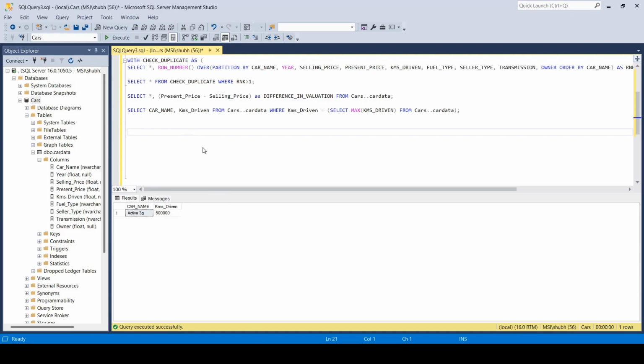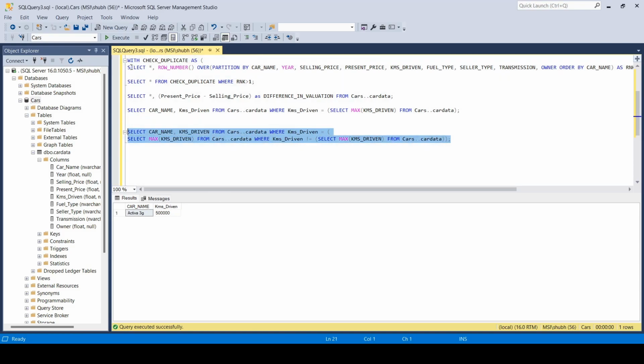Similarly, we will find the second max. So here I have used not equal to. You can use minus also.